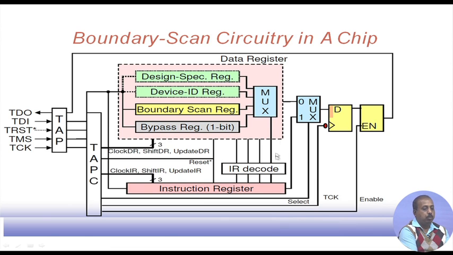The value will be shifted out to the next stage either from this multiplexer or from the instruction register. This is another register where the value may come directly from the TAPC, or from this D flip-flop.